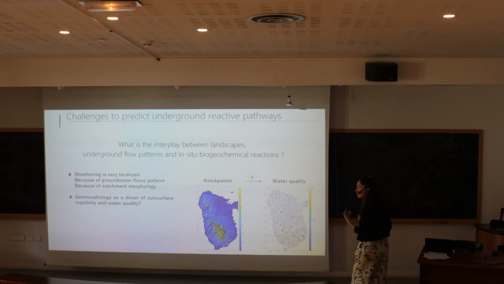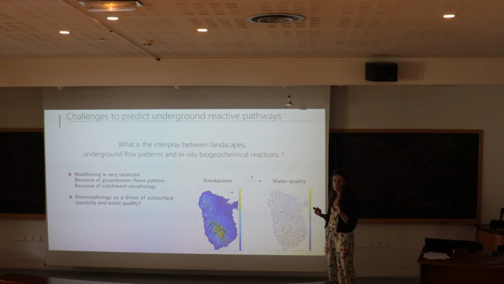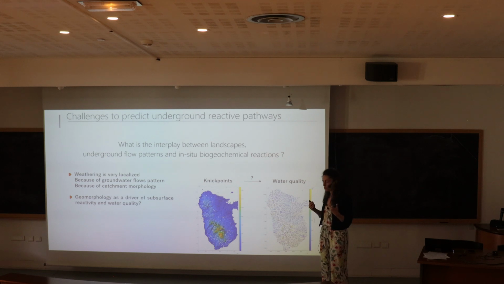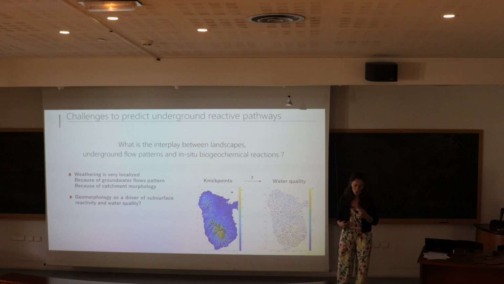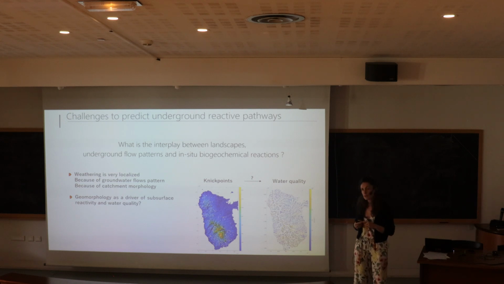And it's true that heterogeneity on top of that is something that would change things, and I don't know how much, because we have very few cores and clearly not as deep as the bedrock. So it's not very clear how heterogeneous the weathered layer is. I'm not sure it's the most heterogeneous, to be honest.